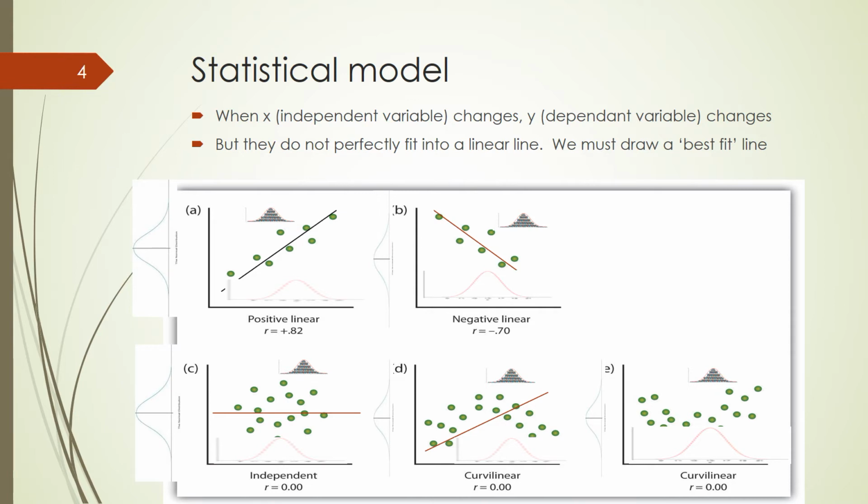Because we're trying to explain linearly the actual outcomes in relation to an independent variable, the actual dependent variable could not lie on the line itself.